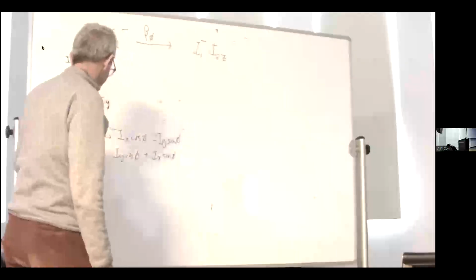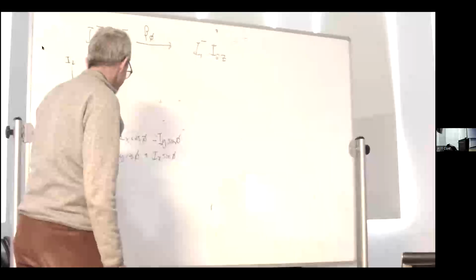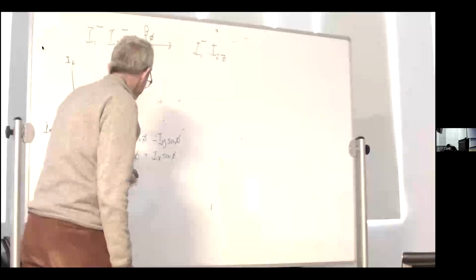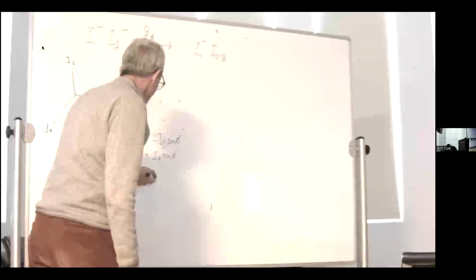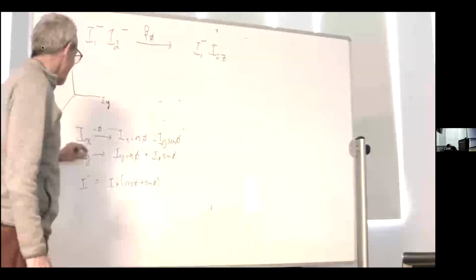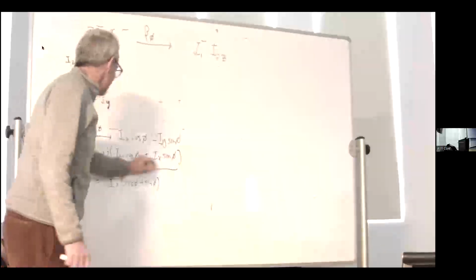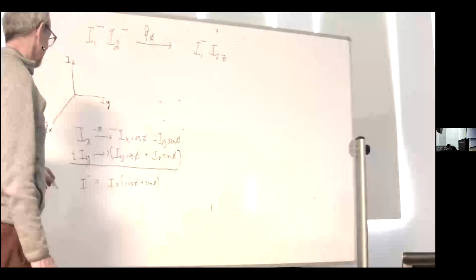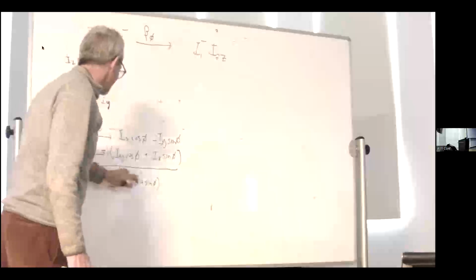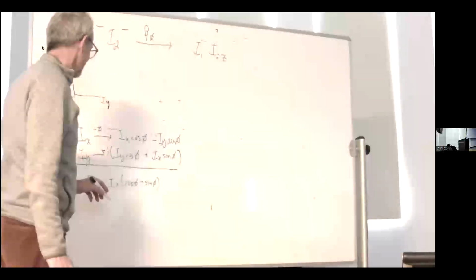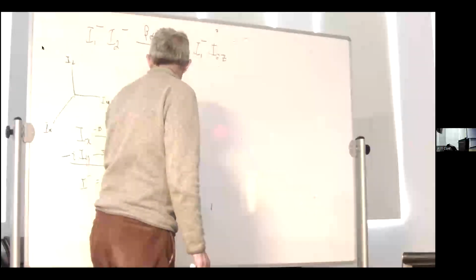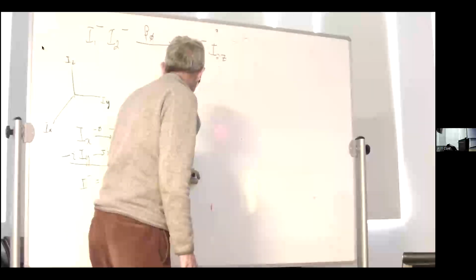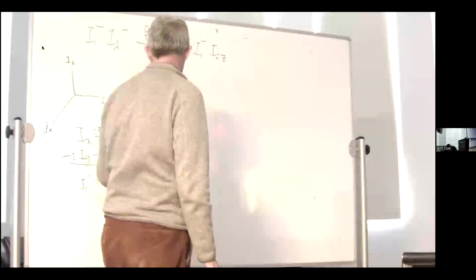So I minus, which is Ix minus i Iy, becomes Ix cosine phi minus Iy sine phi minus i times (Iy cosine phi plus Ix sine phi), so there's an i sine phi.